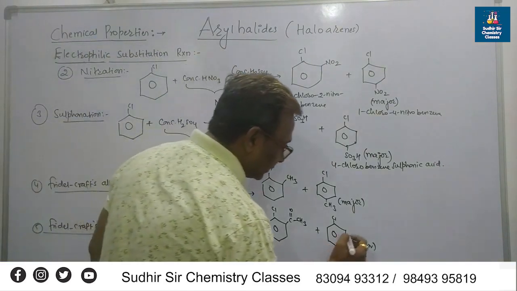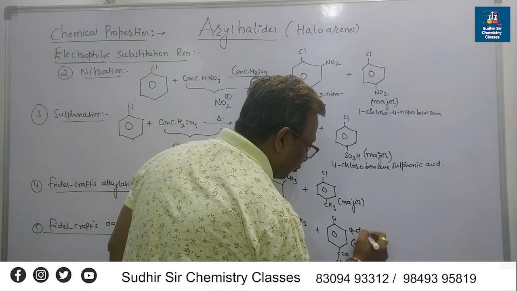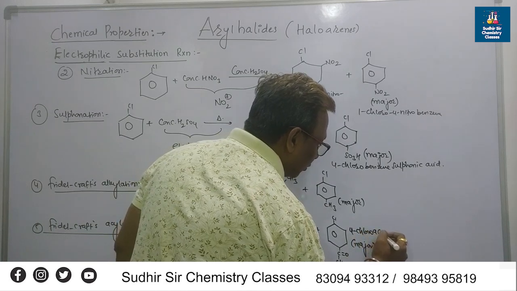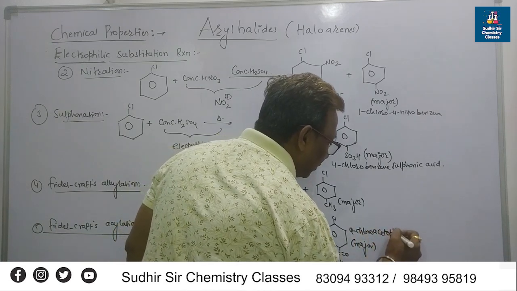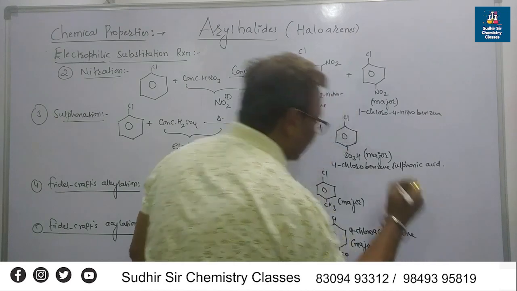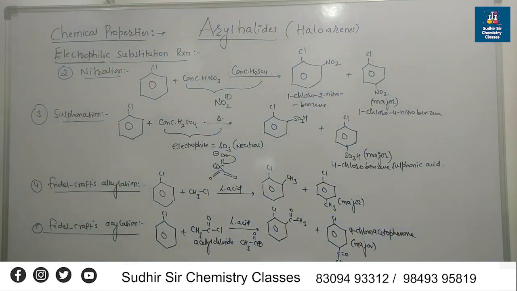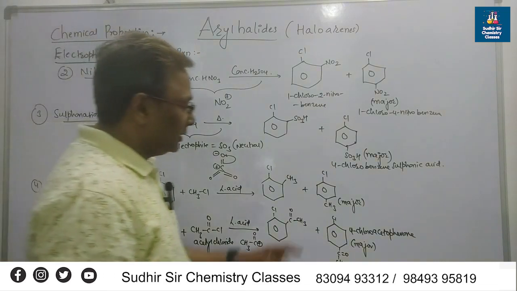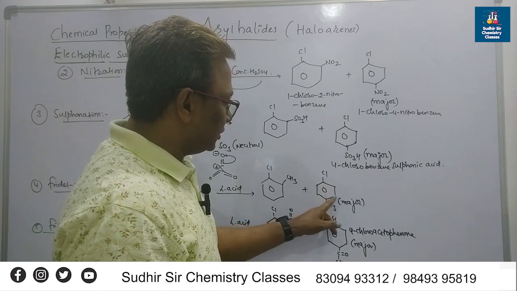I'll write the name here. It becomes 4-chloroacetophenone. Is it clear, beta? 4-chloroacetophenone. Beta, what is the name of this one? It will be called 1, 2, 3, 4.